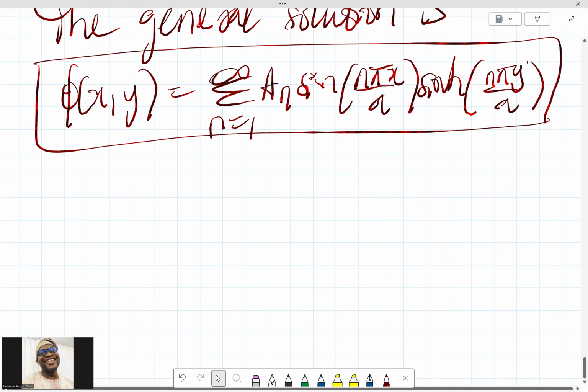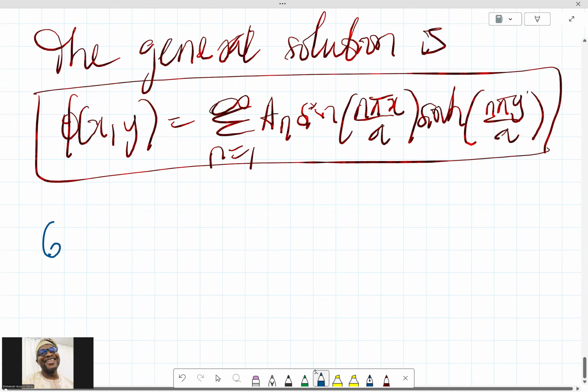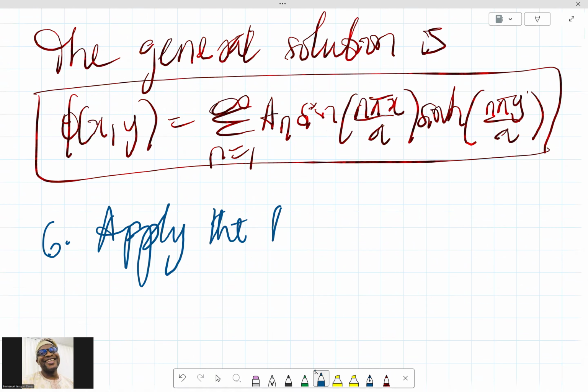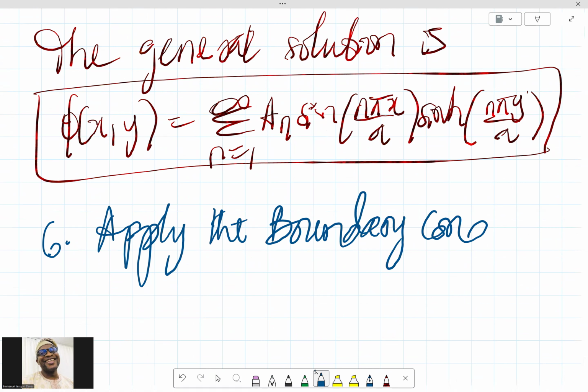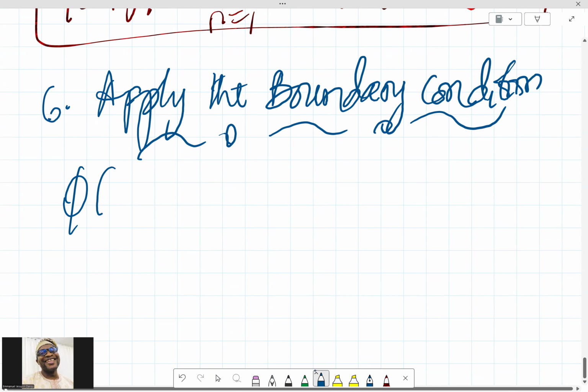Then, of course, after that, we can go for 6. In 6, now we talk about the boundary condition. Apply the boundary condition. So here we have phi of x comma b equals v naught.